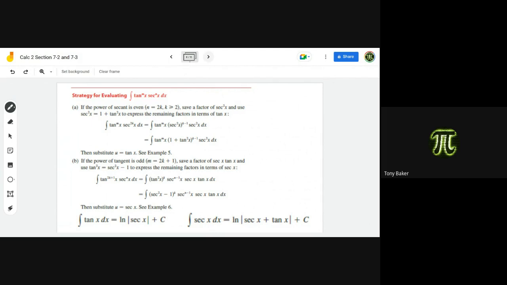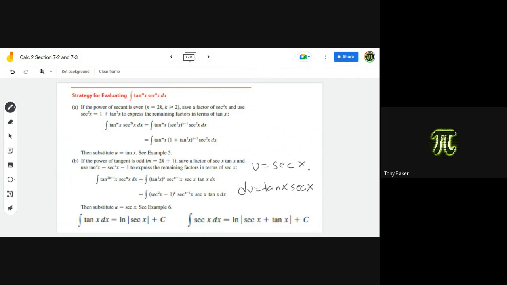The other one is if tangent is odd. So if tangent is odd, we can do it because, remember that if u was secant, du is tangent x, secant x. So I can pull out one of my tangents if it's odd, and I can use this rule here because I only want one of them.